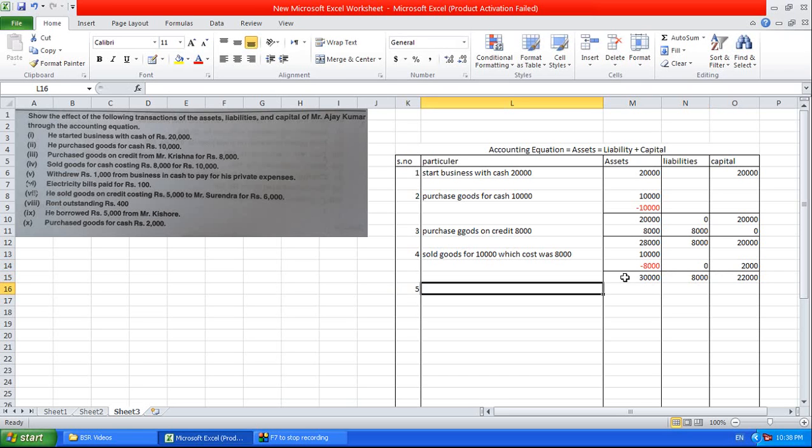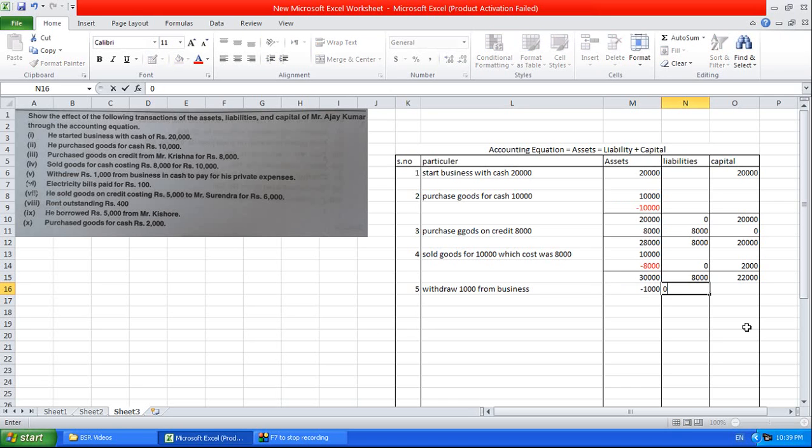Withdraw 1,000 from business in cash to pay for his private business. Look, how much is the amount? Okay, 1,000. If he withdraws cash, it means we will lose cash 1,000.